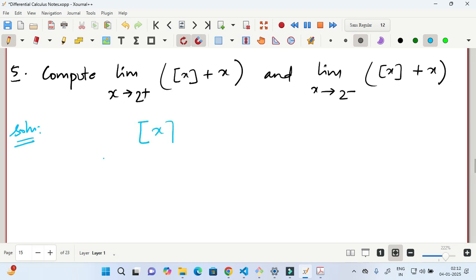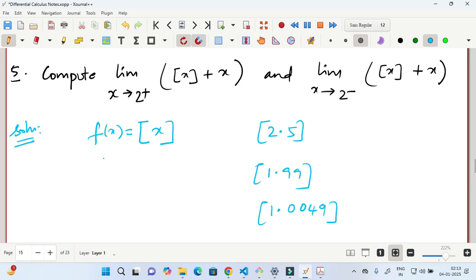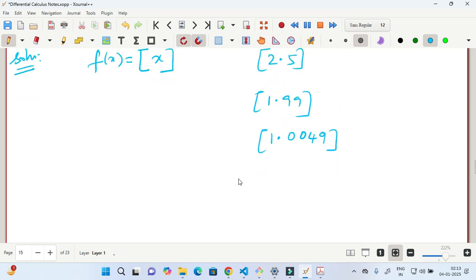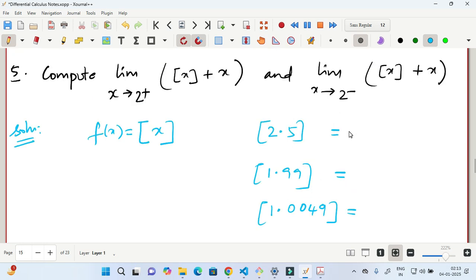So modulus of x, suppose say f of x. Take modulus of 2.5, modulus of 1.99, modulus of 1.0049. What is this function? It is the greatest integer function. We have to see the best possible integer here.